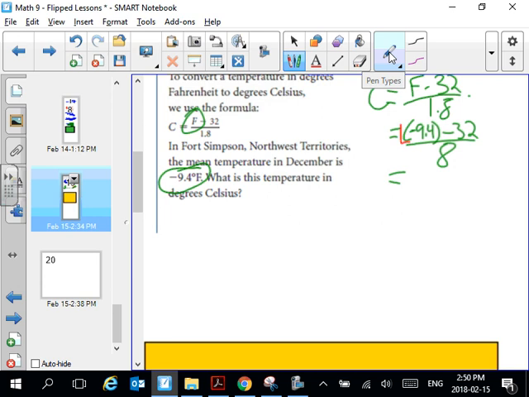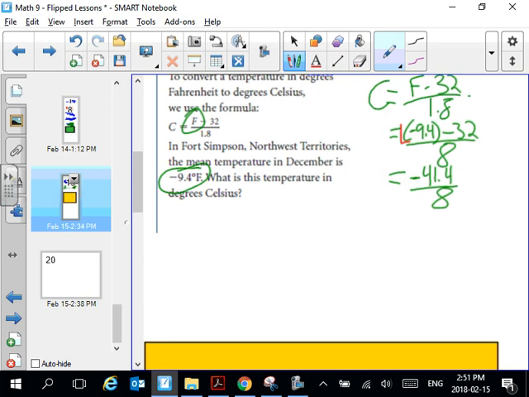So I have negative 9.4 minus 32. So that's going to give me, I believe it's negative 41.4 over 8. And my calculator's being super funky today.